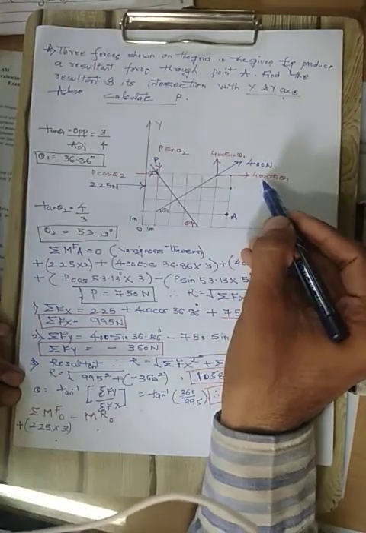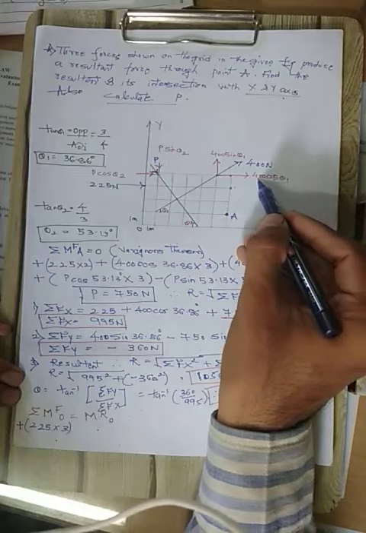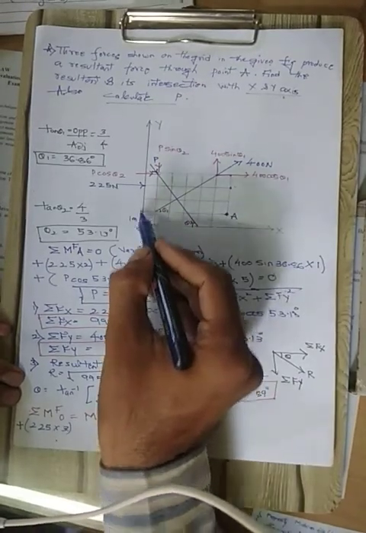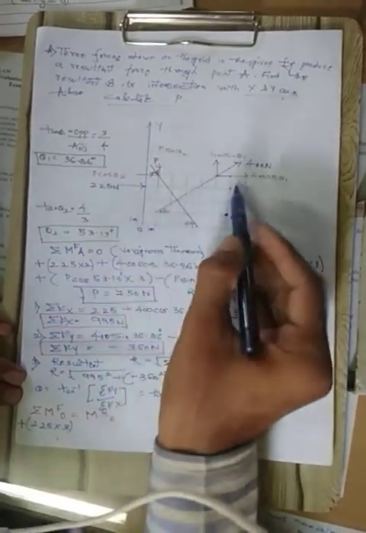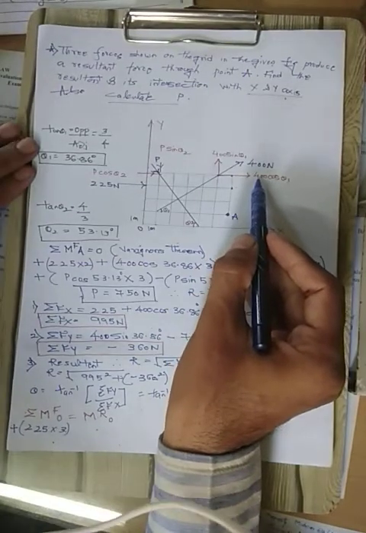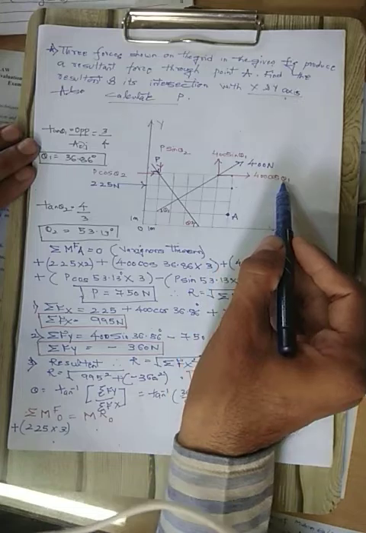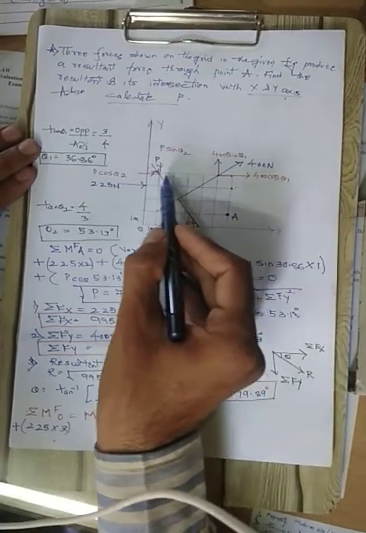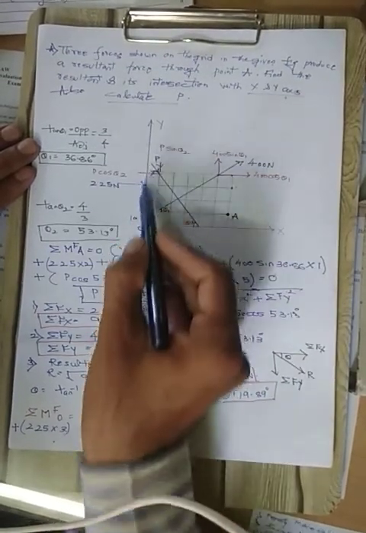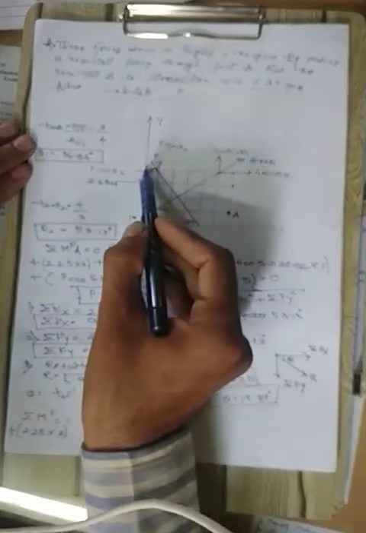Next, horizontal force 400 cos of theta 1. But point O is on this line. So this is horizontal force into vertical distance. By the principle of transmissibility, we are transferring the 400 cos of theta 1 along this line here. It has been transferred here.